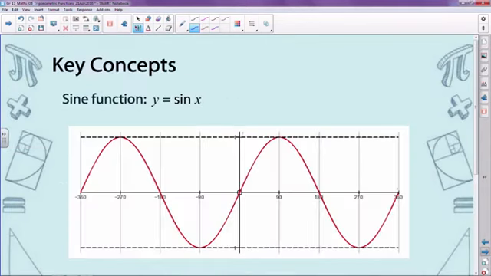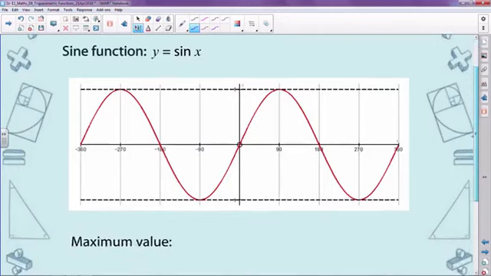Now we're going to be looking briefly at your parent functions, which are y equals sine x, y equals cos x, and y equals tan x. Remember, all the transformations that we're going to be doing will be based on or starting from your mother functions.